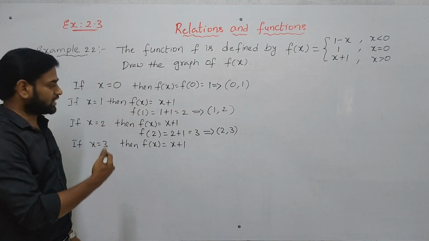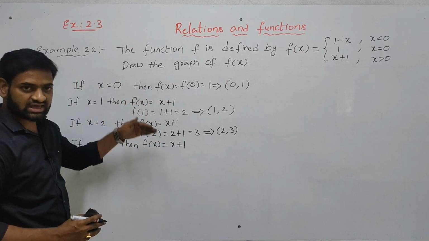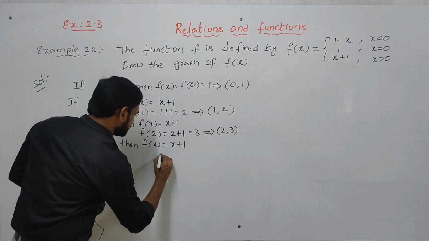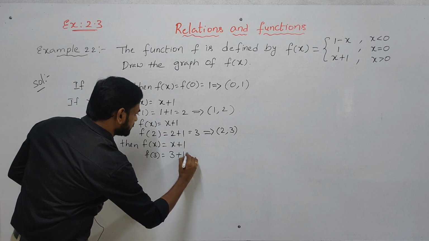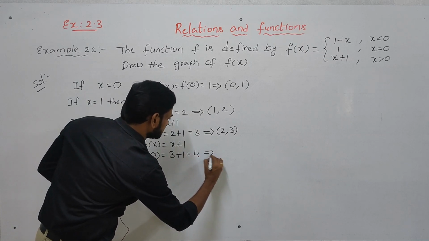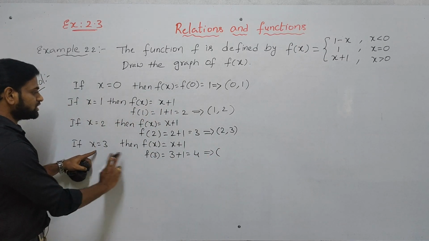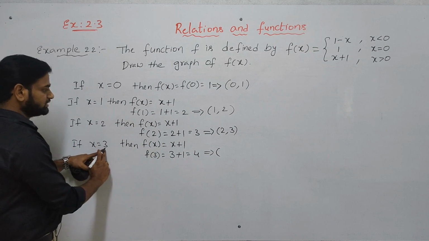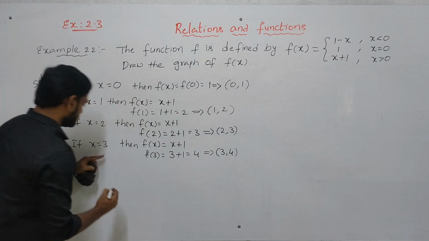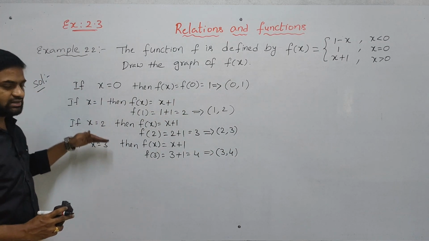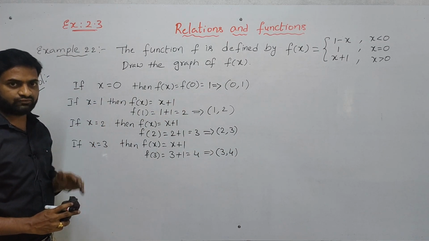For all positive values, the function is same. So f of 3 is equal to 3 plus 1, that is 4. The point is x value comma y value. X value 3, y value 4. 3 comma 4.